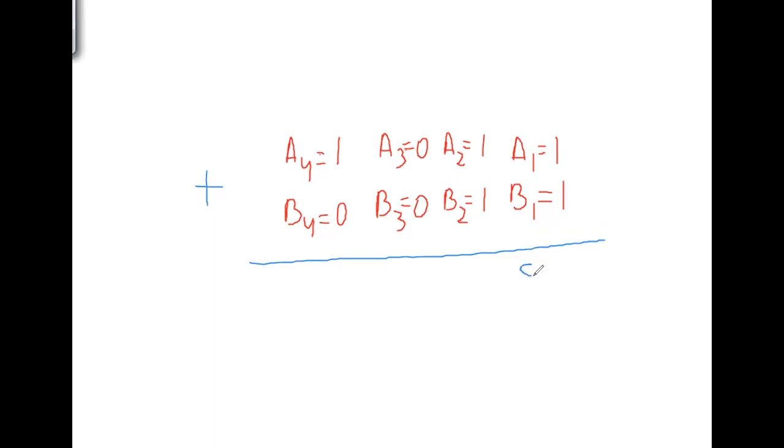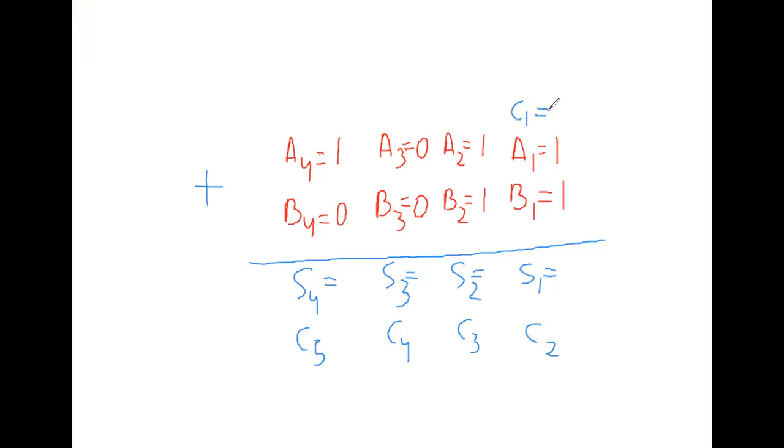So I'll mention here S1, S2, S3, S4, right? Carry bits will be, see, I'll write here C2. Why? I'll tell you. C3, C4, C5. Then what about C1? Right? What about C1? So C1 will be here.